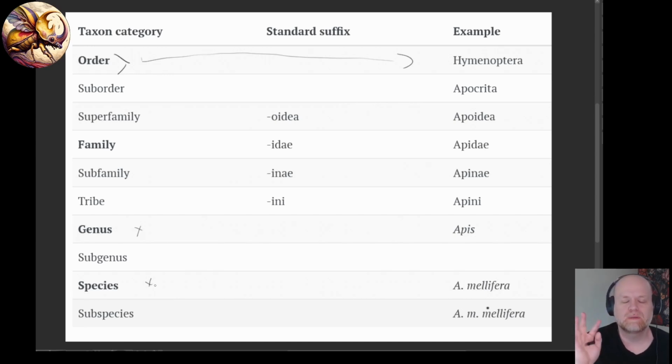It wasn't very well decided how the categories were going to be named, what the categories were going to be, things like that. Over the years, we ended up settling into a system of using specific suffixes on words in order to communicate what level of taxonomic ranking we are talking about.